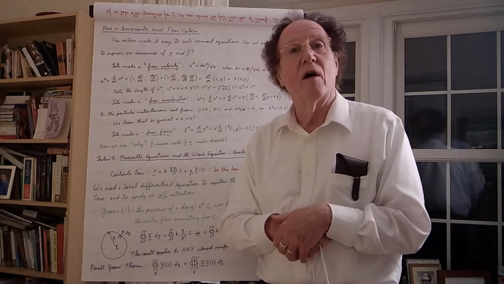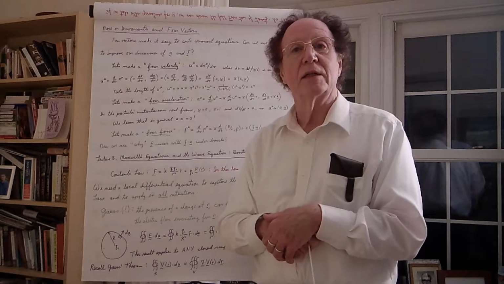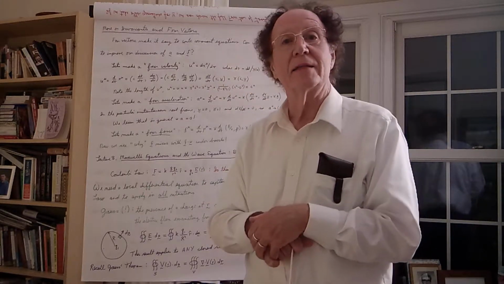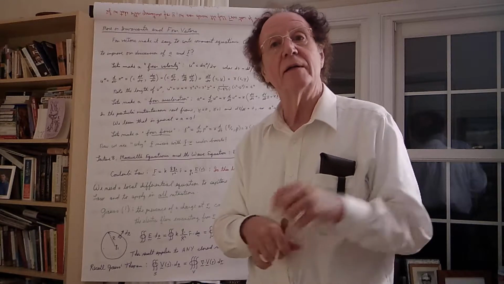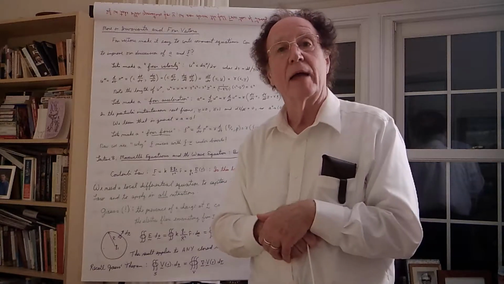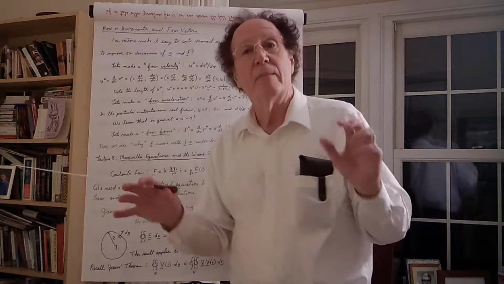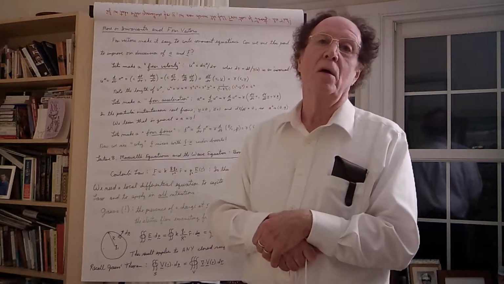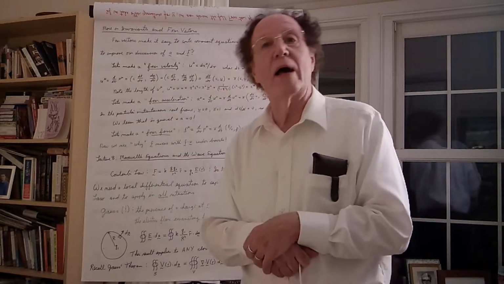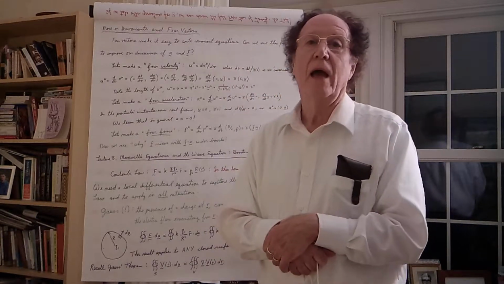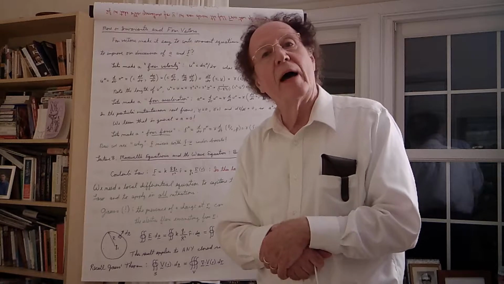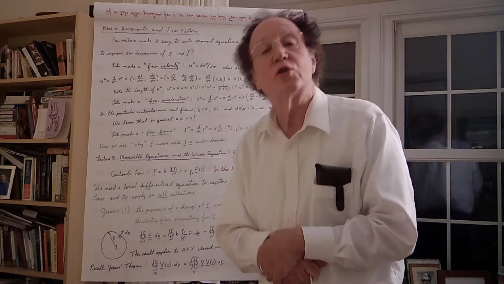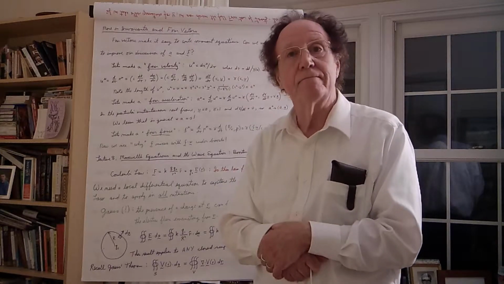The 4 vector x mu, which consists of t and the vector x, transforms in the same way as the energy momentum 4 vector E and p. And we've seen that. And we can imagine a general 4 vector transforming in the same way. Once we know how they transform, we know how to make invariants, and we know how to write down equations which will then have the same structure in any frame.